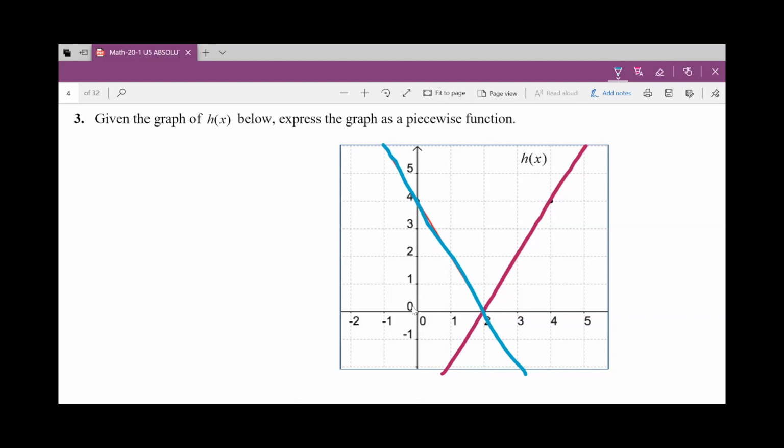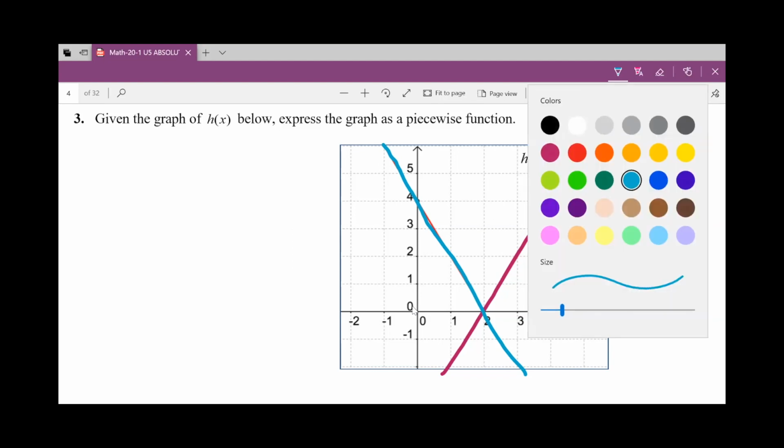So if blue is the original function, then that part of maroon up on the right side is the second part of the piecewise. But if the maroon was the original function, then the left part of the blue would have been the original. All of this is to say that we're going to have two possible answers for this, all depending on which one was the original.